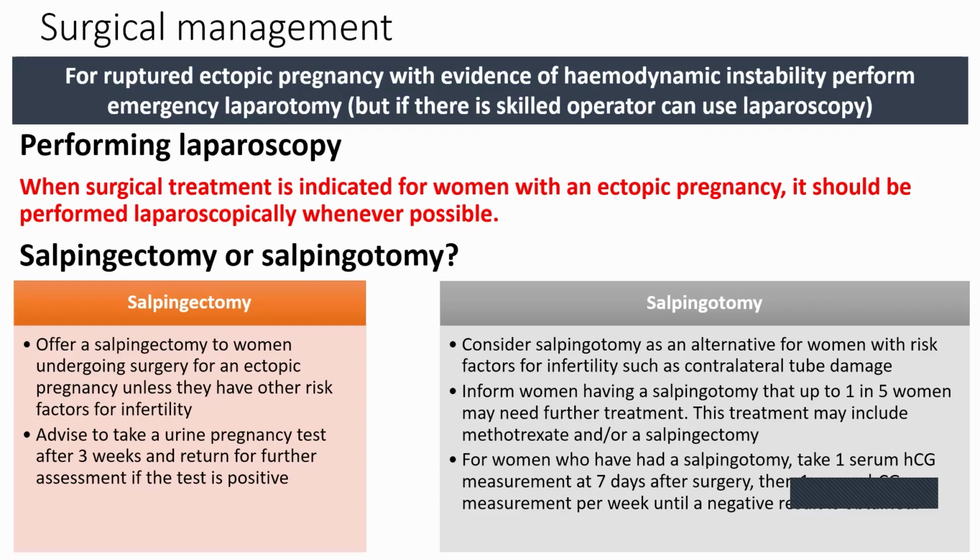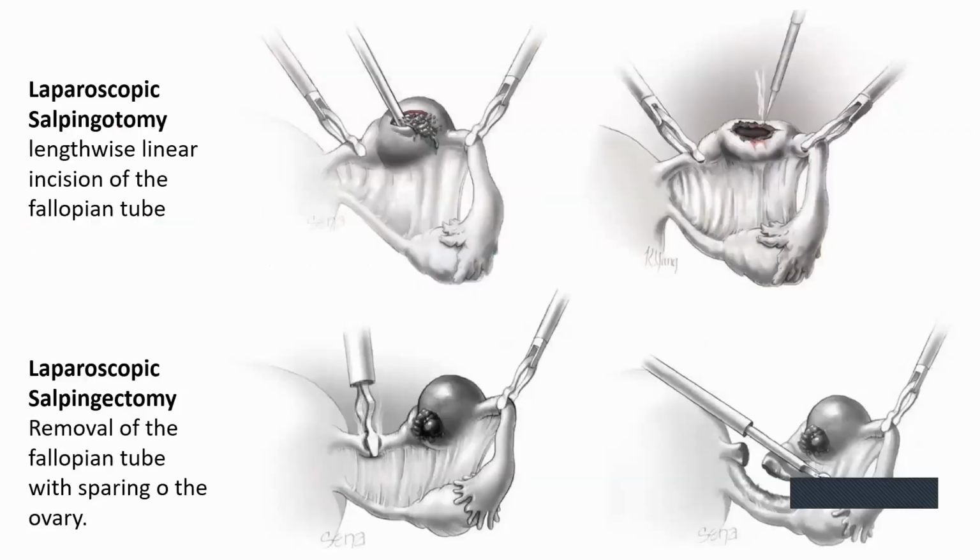But the problem is that with salpingotomy, 20% of women may need another surgical management or methotrexate treatment, and they have to do beta HCG assessment serially, weekly, until it becomes negative. So in laparoscopic salpingotomy, a lengthwise linear incision is made over the fallopian tube and everything is removed. And in salpingectomy, we remove the fallopian tube.